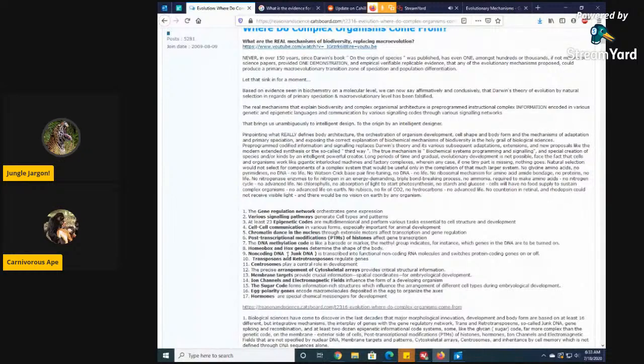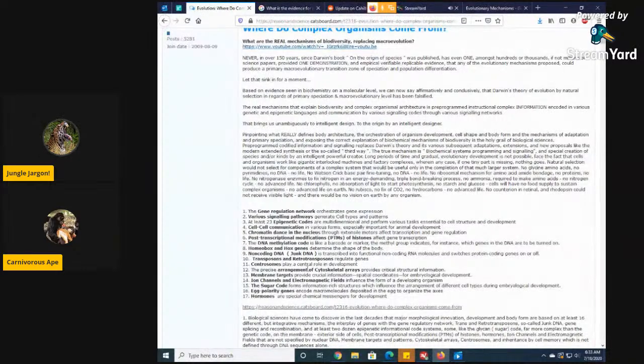Well, it's called junk DNA, but it's transcribed into functional non-coding RNA molecules and switches protein coding genes on or off. Transposons and retrotransposons regulate genes. So all this DNA information that they said was junk is all essential.